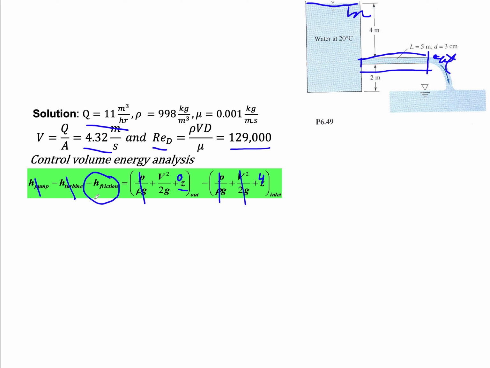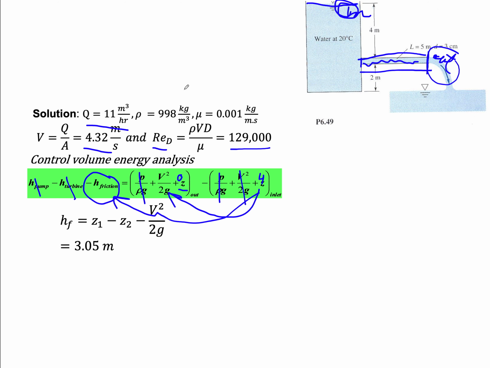So now you see that the gravitational energy that a fluid particle starts with right here, this 4 meter gravitational energy, the associated gravitational head, goes into two parts. One part is kinetic energy at the outlet, and the other part goes to friction through the pipe.